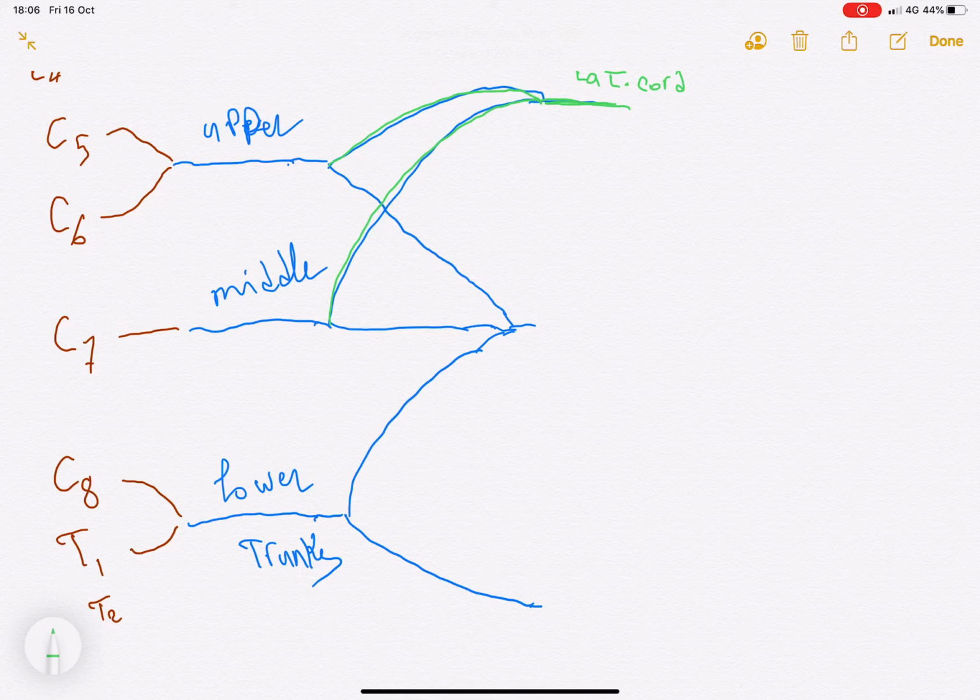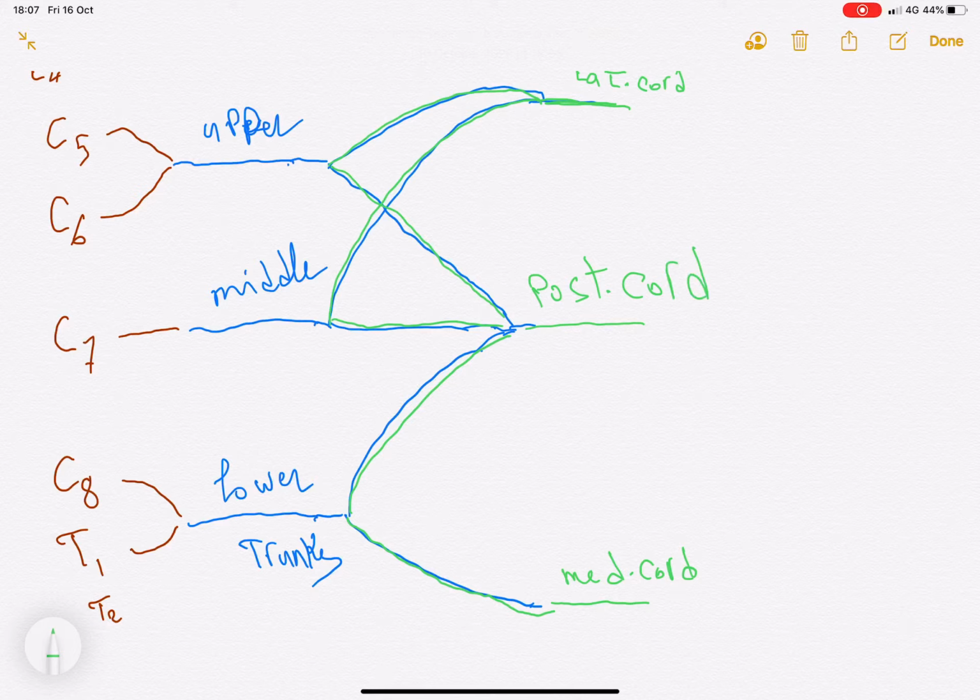The anterior division of the lower trunk moves on its own to form the medial cord, while the posterior divisions of all the trunks join together and make the posterior cord. Right, as simple as that.